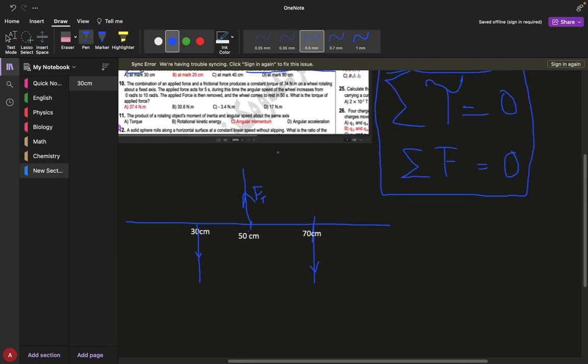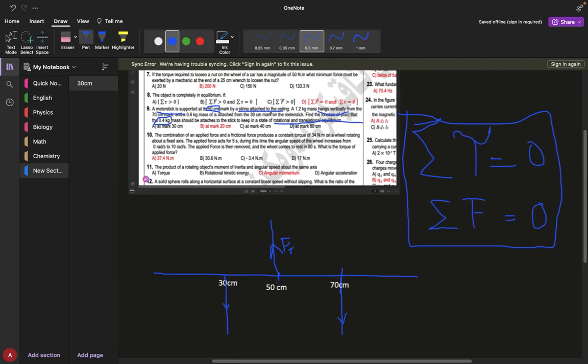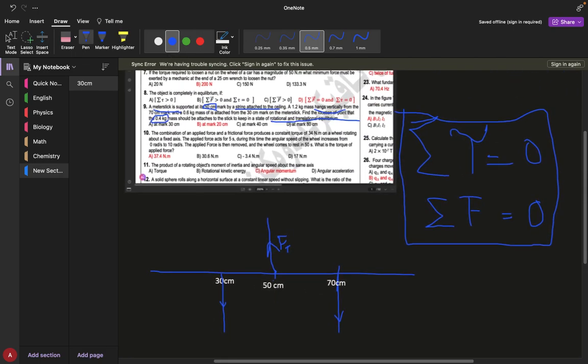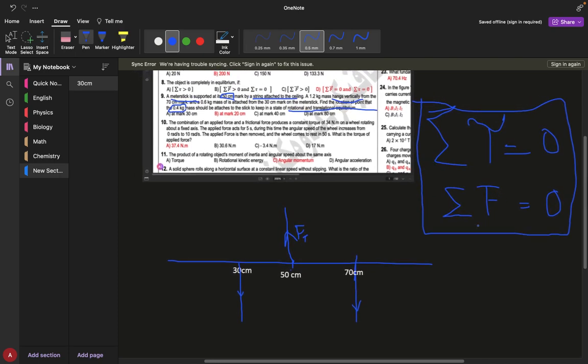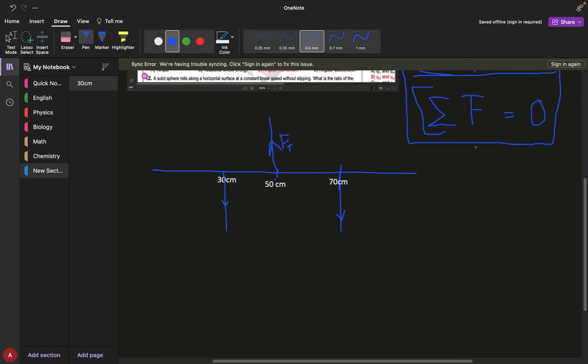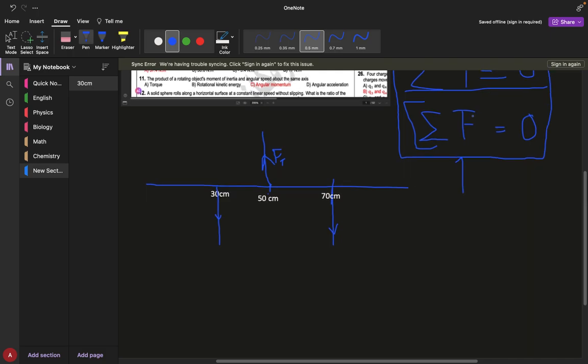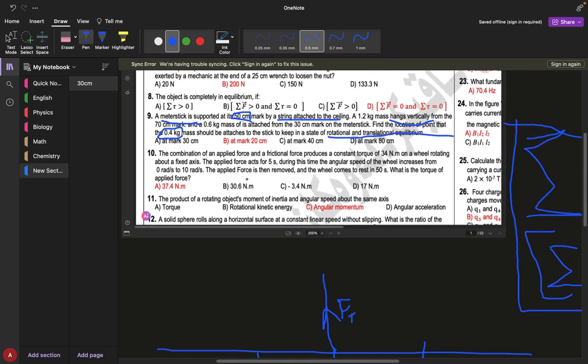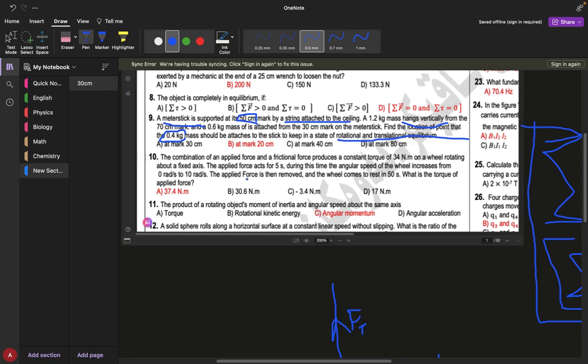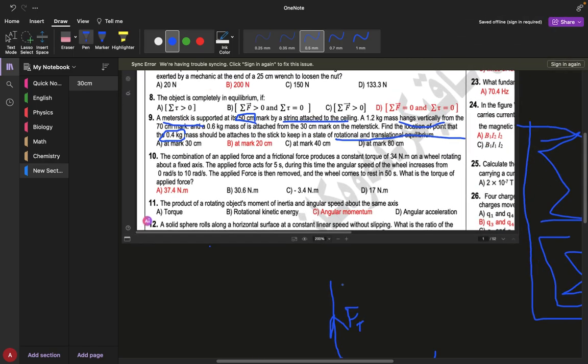Let's tackle the force first, because the torque requires distance, and I don't know what the distance is. If I did the torque first, I would have two unknowns, because I also wouldn't know what this force is right over here.